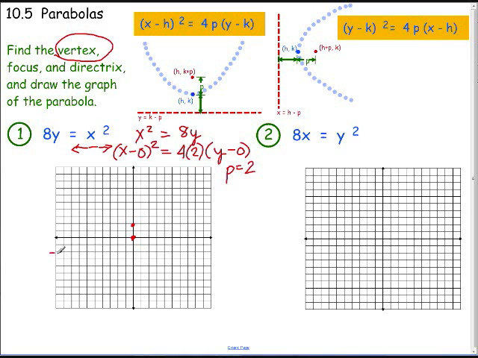So let me draw in my directrix. And my axis of symmetry comes right down through the focal point, through the vertex, perpendicular to my directrix.